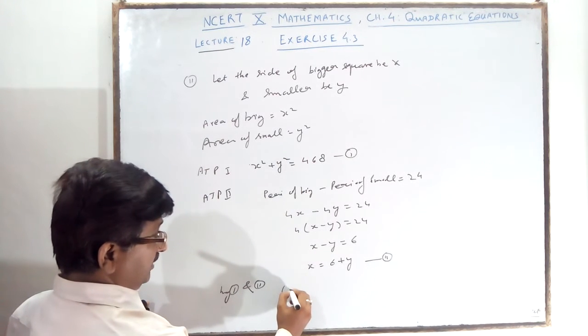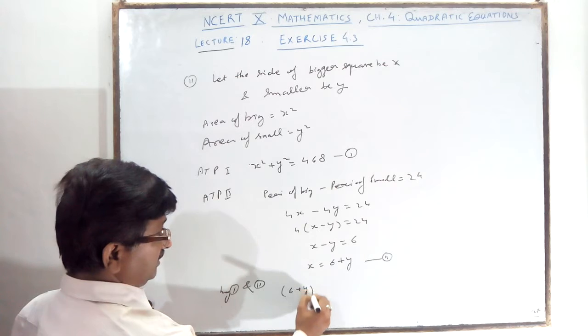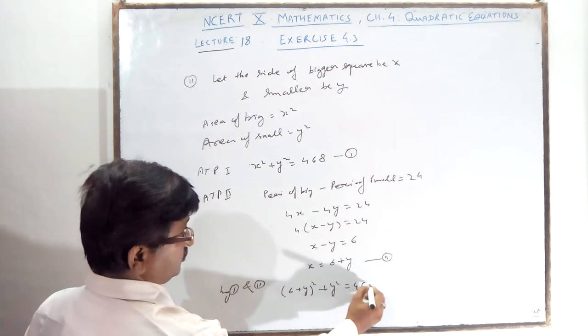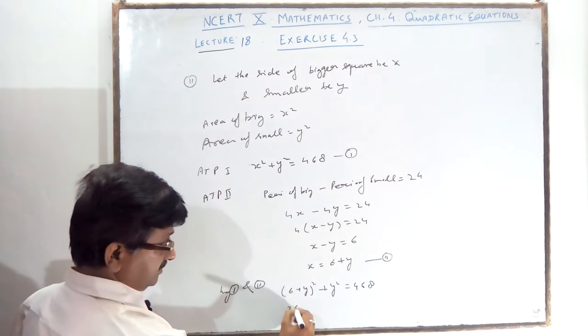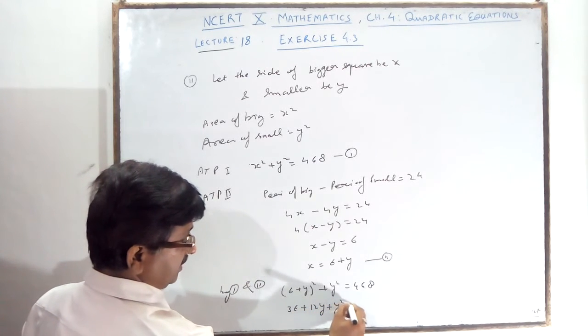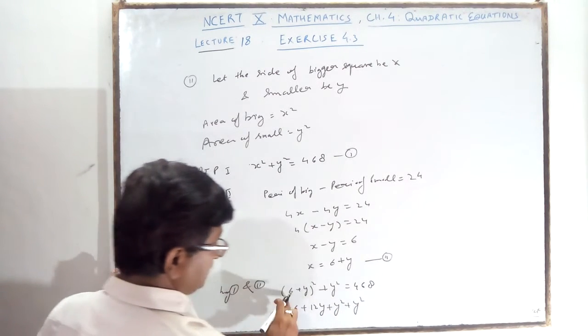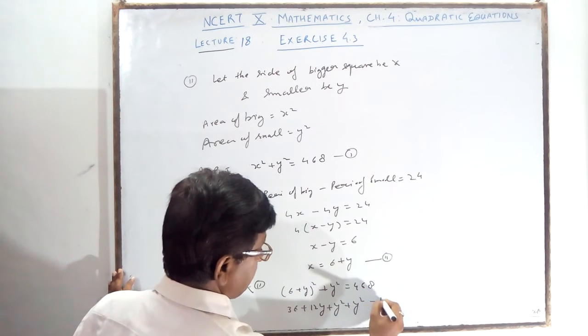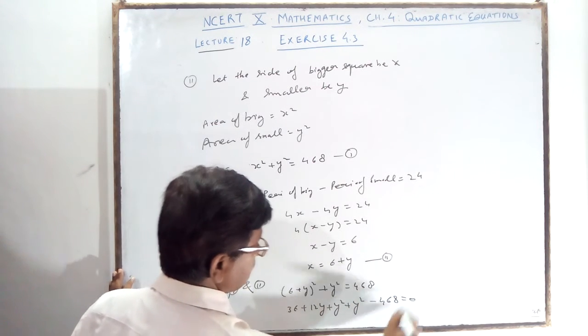At the place of x you can write (6 plus y) whole square plus y square is equal to 468. So 36 plus 12y plus y square plus y square, using a plus b whole square equals a square plus 2ab plus b square, minus 468 is equal to 0.